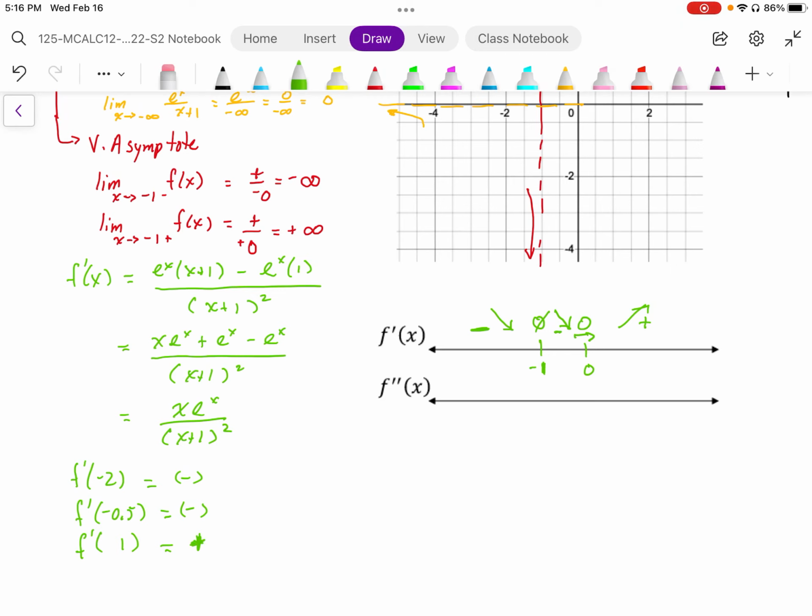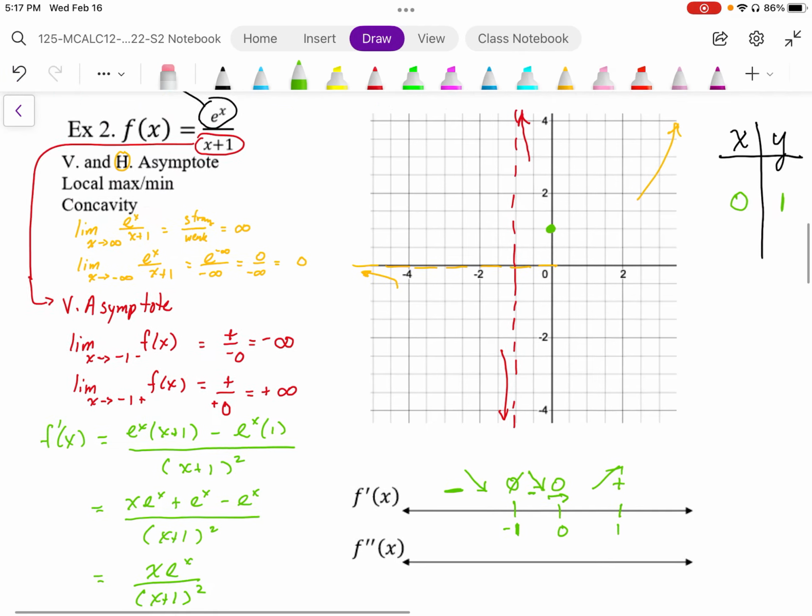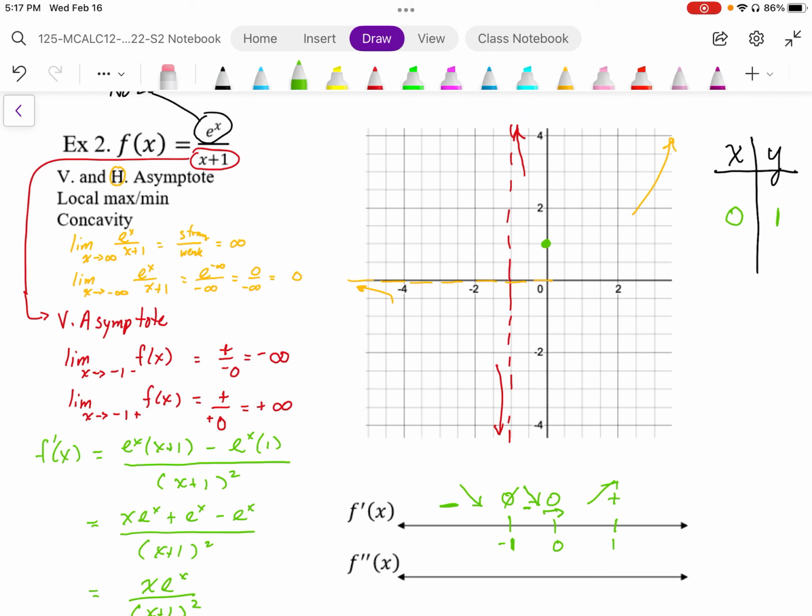I'm just doing sign analysis here because I know that +1 is positive, and anything squared is positive. So when I plug it into the derivative, I know I'm going to end up with a positive slope for x equals 1. So that is a local min. And I can figure out what this looks like based on that.